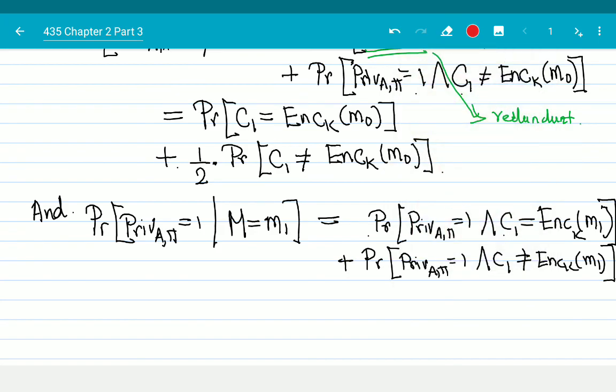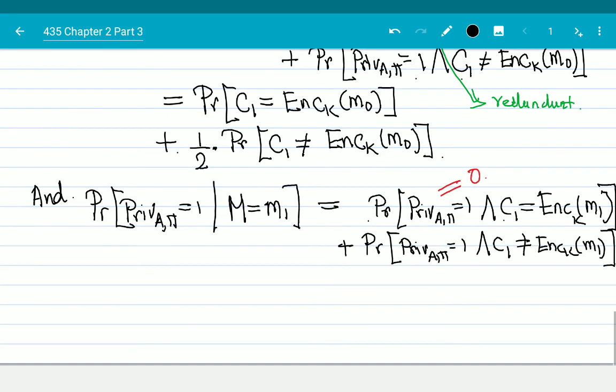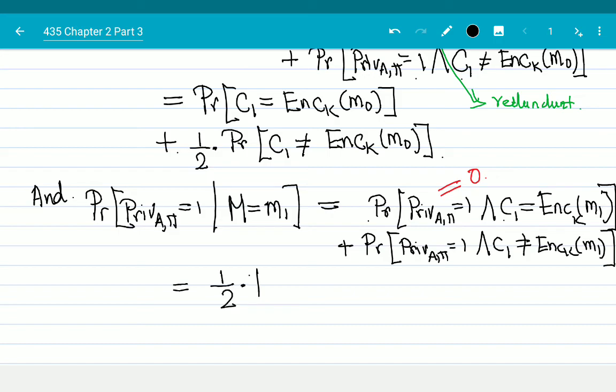And for the same reason as before, for the other one, if the encryption is not equal to C1, then I'm just guessing randomly which bit it is. So it's going to be half, right? So I get that this is equal to 1/2 times the probability that C1 is not equal to encryption K of M1.